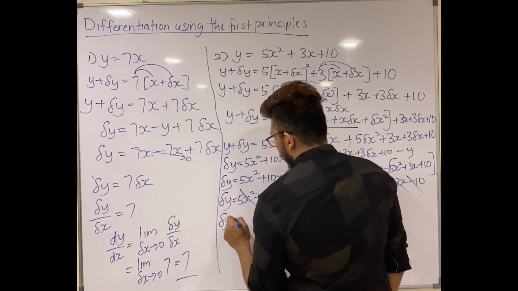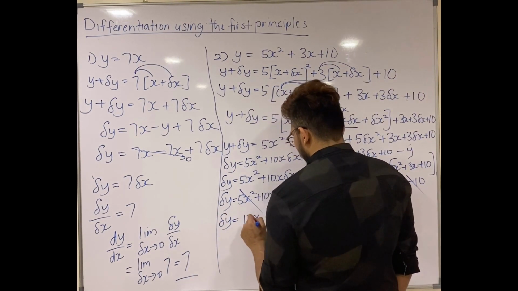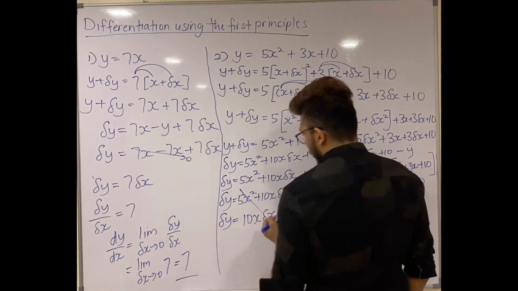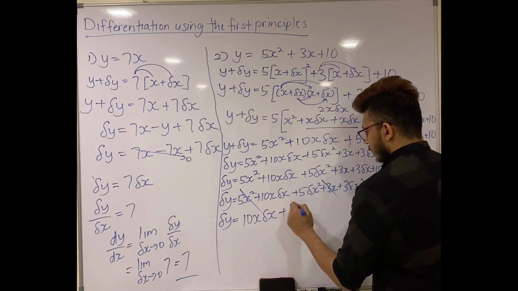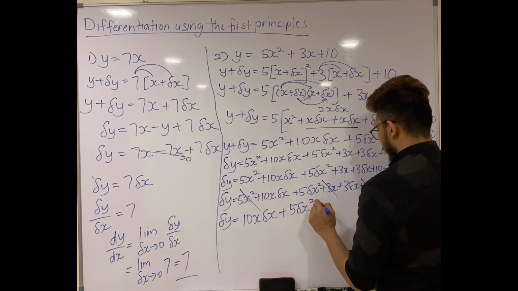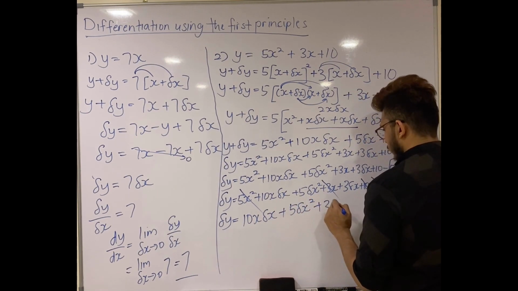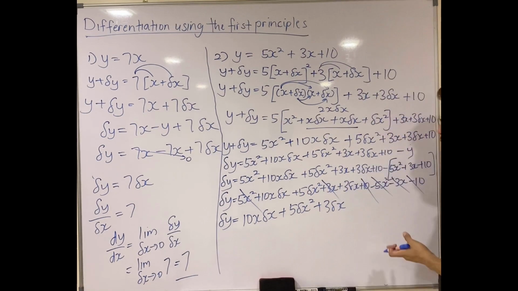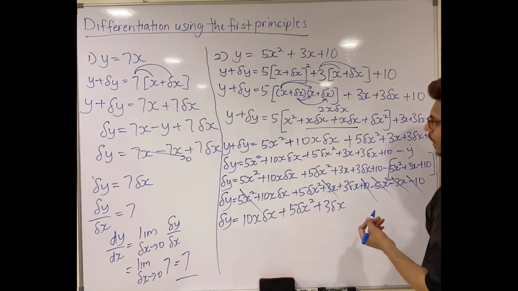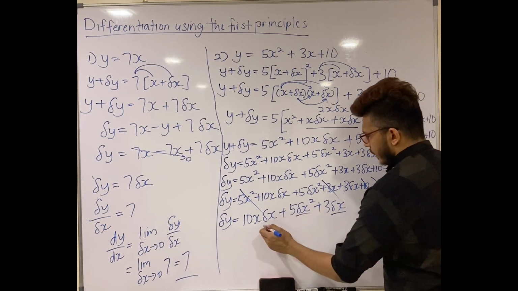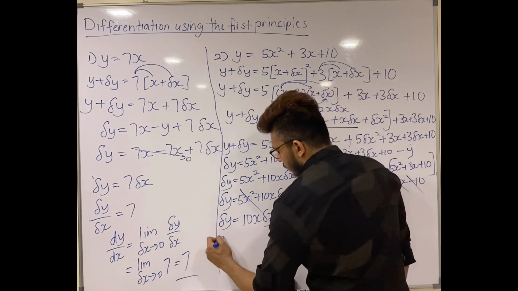Delta y is equal to 10x delta x plus 5 delta x squared plus 3 delta x. That is all we are left with. Am I right? Now, how are we going to move the delta x the other side? First, we see all of this has 1 delta x. So I'm going to factorize.